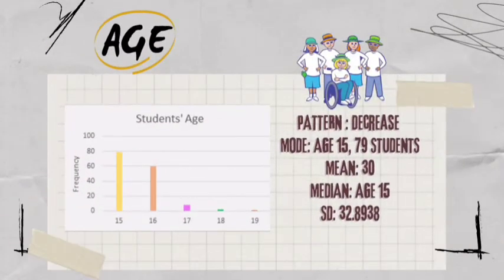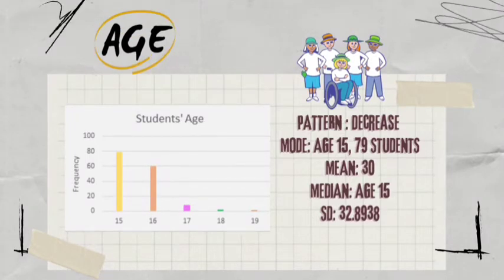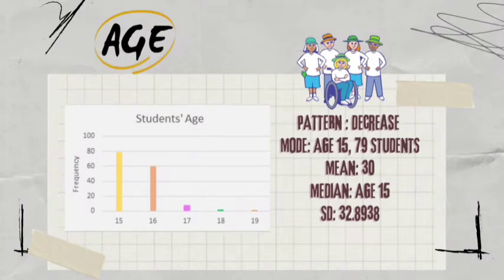Firstly is age. Based on the bar graph above, it shows that the pattern of student age is decreasing. The mean is 30 and the mode for the students that take the math course is age 15, which is 79 students.